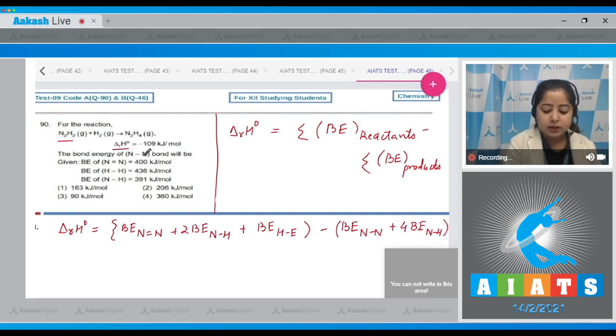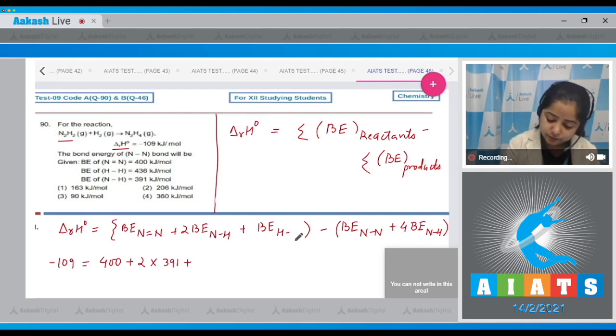We are given ΔrH°, which is minus 109. Bond energy of N=N is 400 plus 2 into bond energy of N-H, which is 391, plus bond energy of H-H bond, which is 436, minus bond energy of N-N bond, which we have to calculate, minus 4 into bond energy of N-H bond, which is 4 into 391.